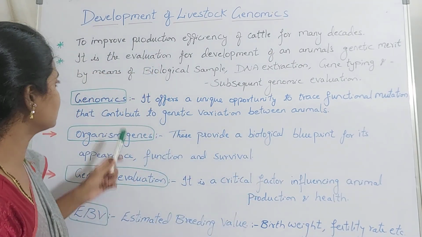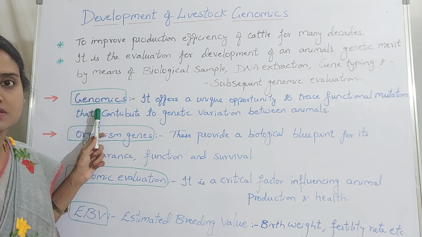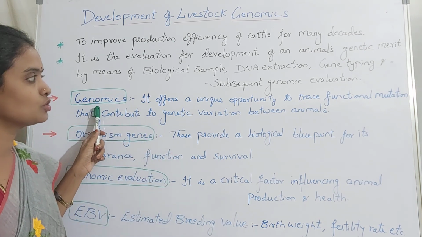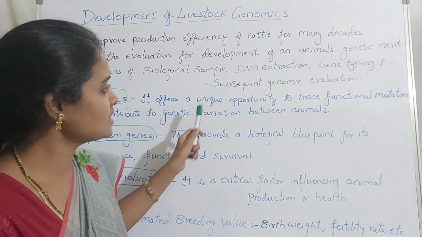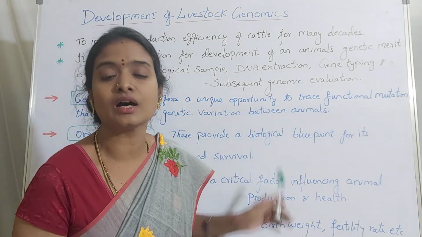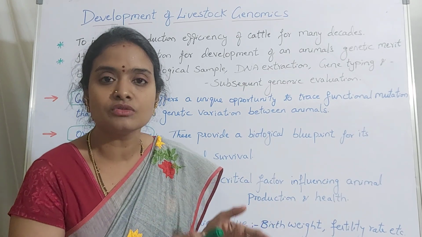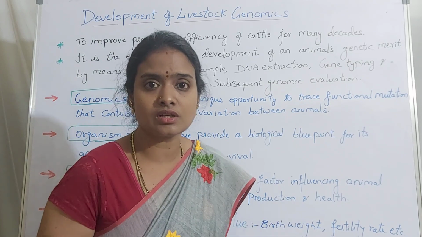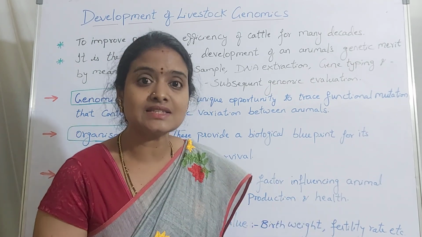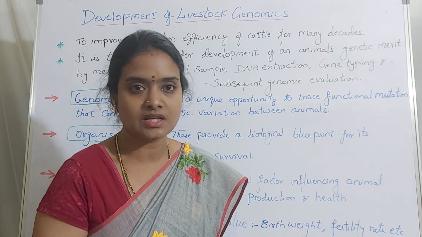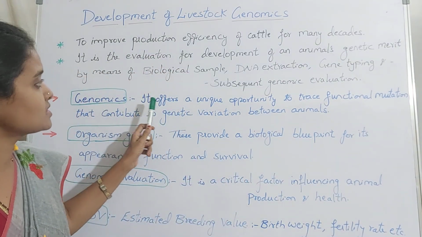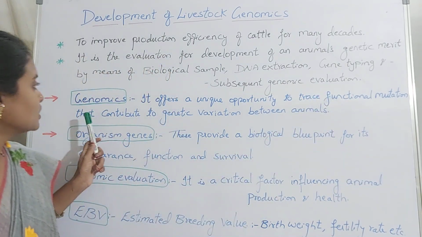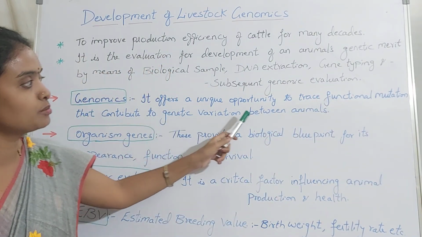So now let's see, based on the genomics, how we are going to differentiate the animals. Based on the genomics, you can trace the functional mutation occurring in that particular gene which is responsible for the variation, or the physical or genetic changes, in that group of animals. Right? So here genomics offers a unique opportunity to trace functional mutations that contribute to the genetic variation between animals.